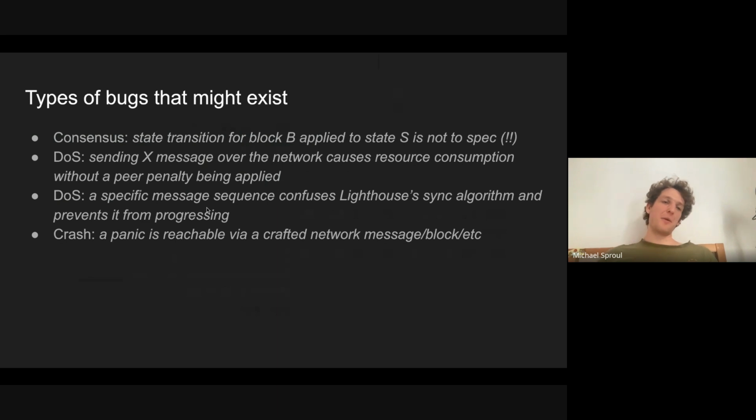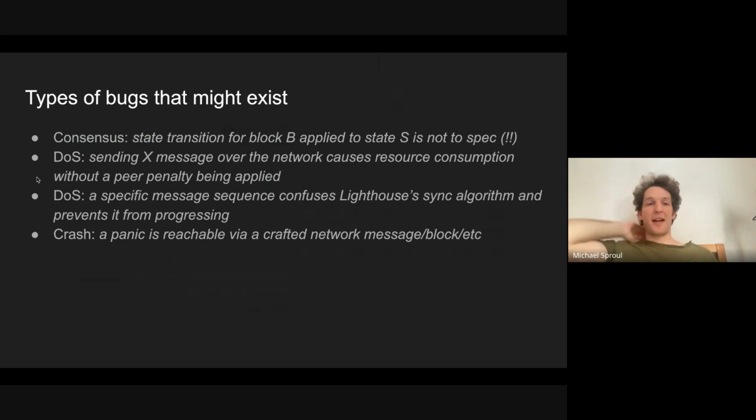And then probably the next rung down from that would be a bug that could stall liveness on the network. So a denial of service bug where you might send a specially crafted message over the network to all of your peers, who then process that message, and maybe it causes them to crash immediately, or maybe it causes them to use a lot of CPU and RAM in processing that message.